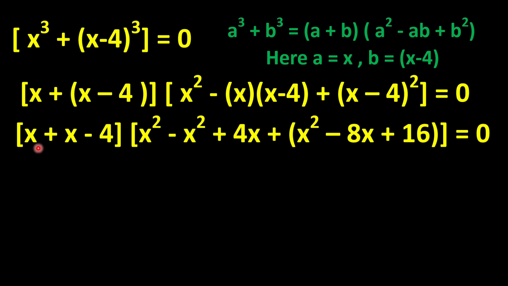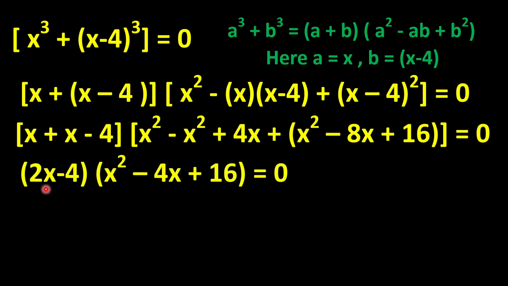And now this will become 2x minus 4. The x squared will cancel the minus x squared, so the only x squared is this one, and plus 4x minus 8x equal to minus 4x, and plus 16 equal to 0.